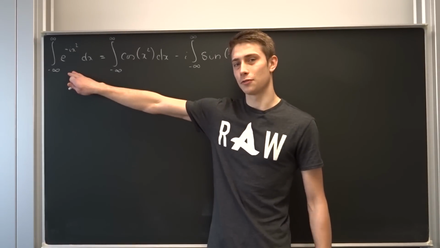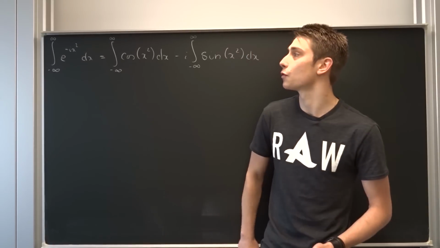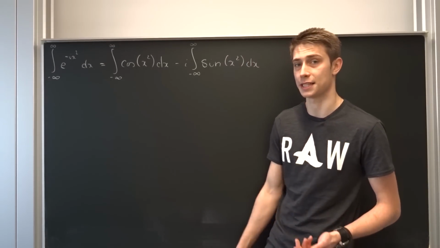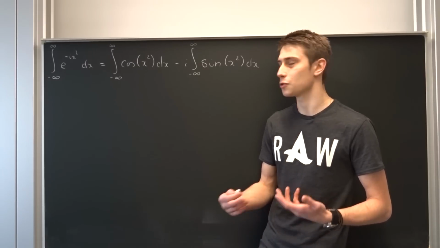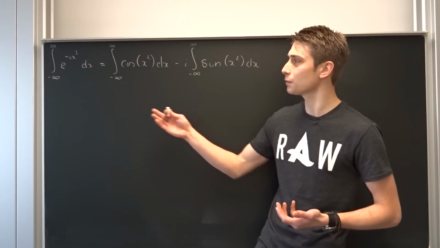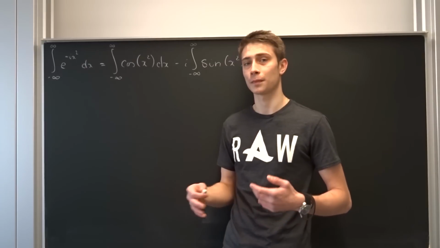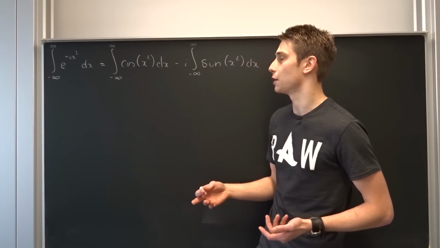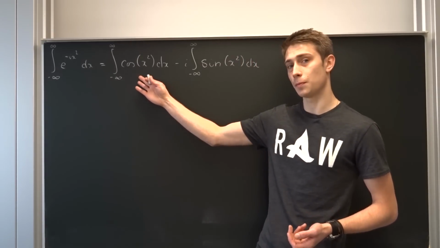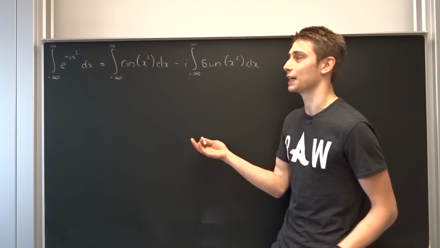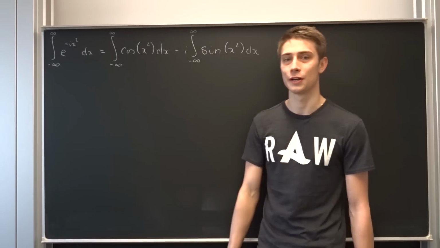And we are going to solve this integral, the improper one, from minus infinity to infinity of e to the minus i x squared times dx. Why do we solve both of them using this one? Because we can split this up in a real and an imaginary part. So the real part is this one and the imaginary part is this one. So I guess you know how complex numbers work. So we can do this.